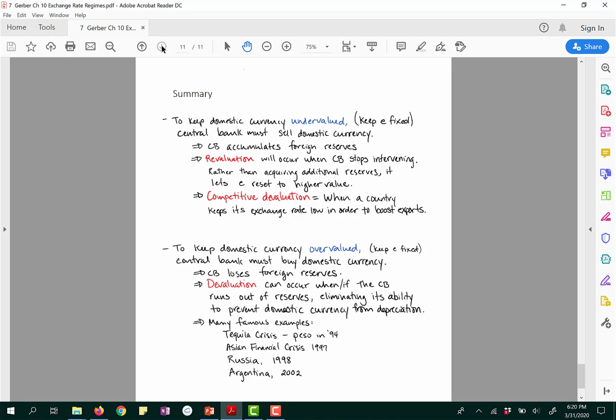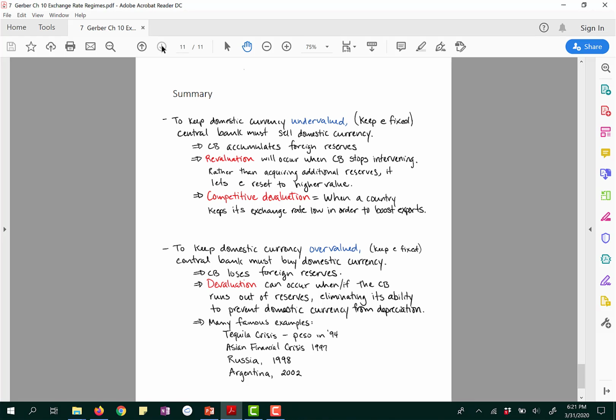In summary, for a country to keep a fixed exchange rate that is undervalued relative to the market equilibrium, the central bank has to sell the domestic currency. In the process of doing so, they accumulate foreign reserves because they sell domestic currency and buy foreign reserves. Revaluation occurs when they stop doing that.